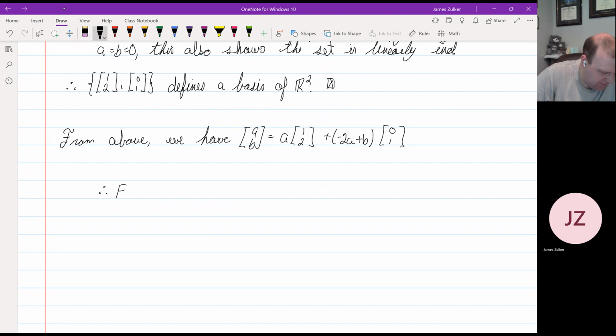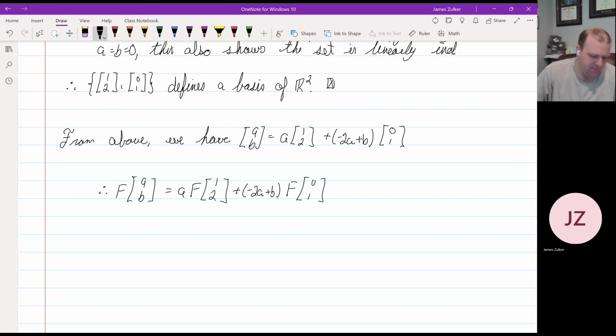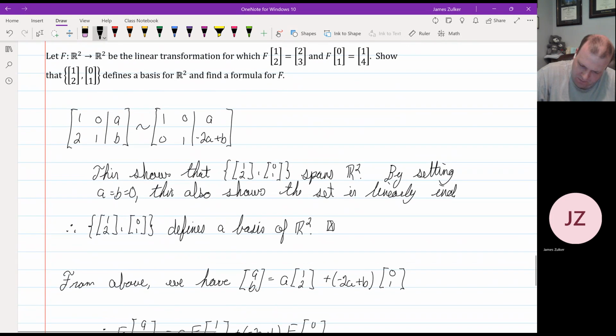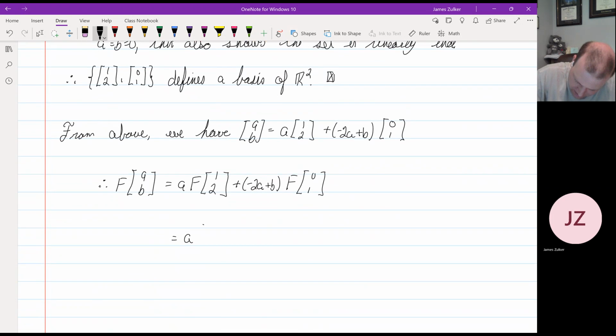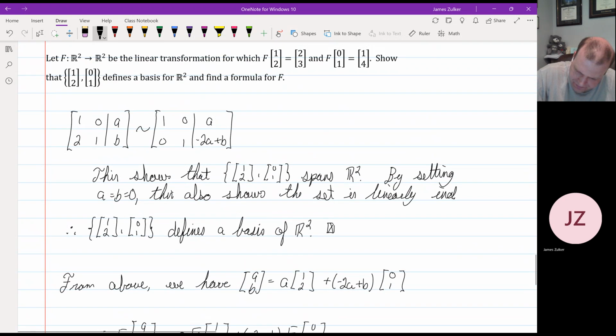So therefore, f of (A, B) is equal to A times f of (1, 2) plus negative 2A plus B times f of (0, 1). Applying the transformation, we're told that f of (1, 2) is (2, 3), and f of (0, 1) is (1, 4).